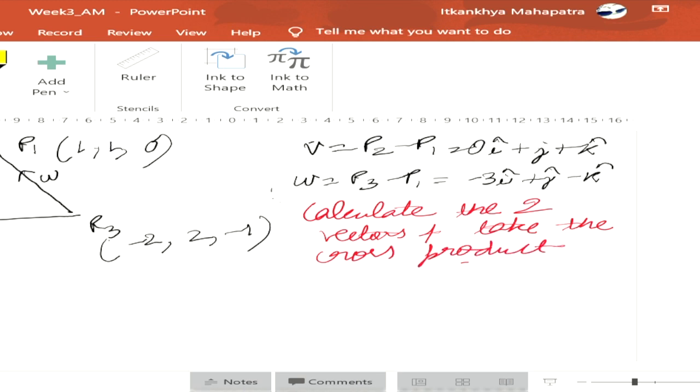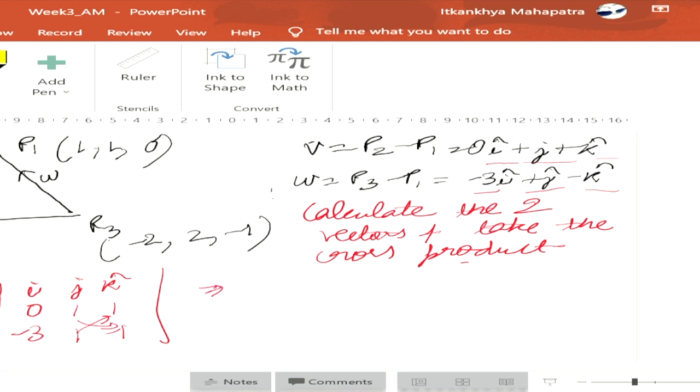Now how will we find the cross product? This is i cap, j cap, k cap; 0, 1, 1; minus 3, 1, minus 1. Now we will multiply.